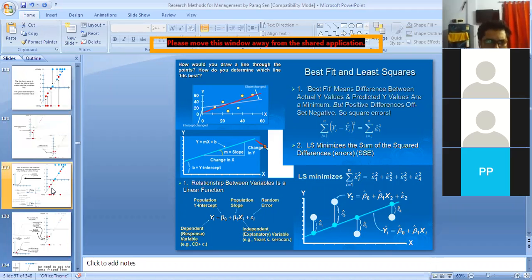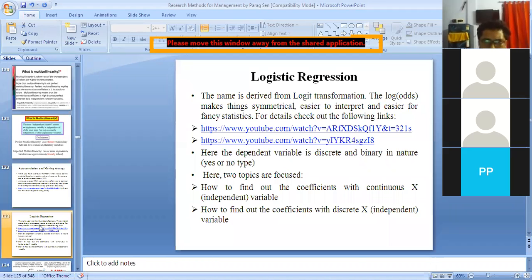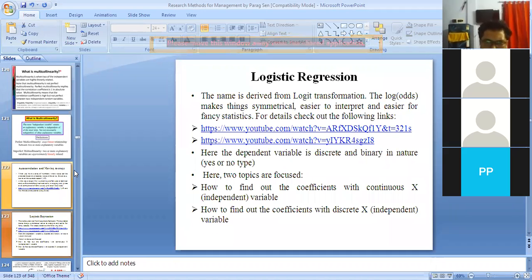So in logistic regression, the name is actually derived from logit transformation. The log odds makes things symmetrical, easier to interpret and easier for fancy statistics.